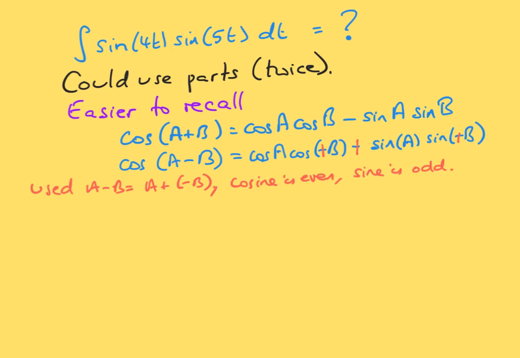So now we have got two equations, both involving sine a times sine b, both involving cos a times cos b, and you can see where you just add these equations, the cos a cos b terms would add and the sine a sine b terms would cancel.